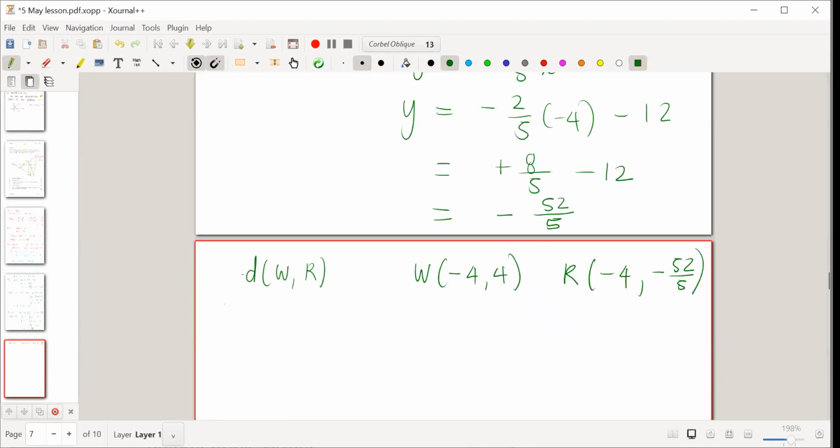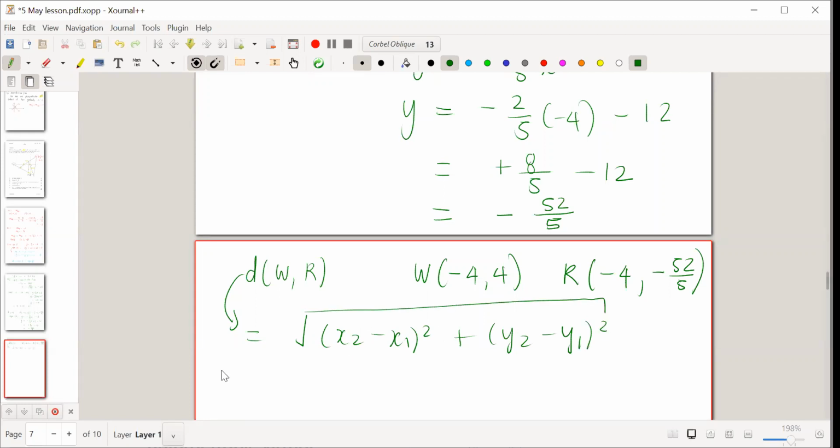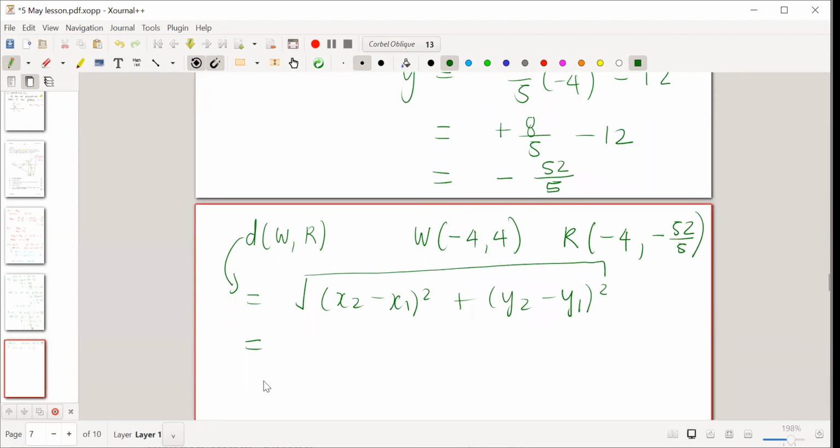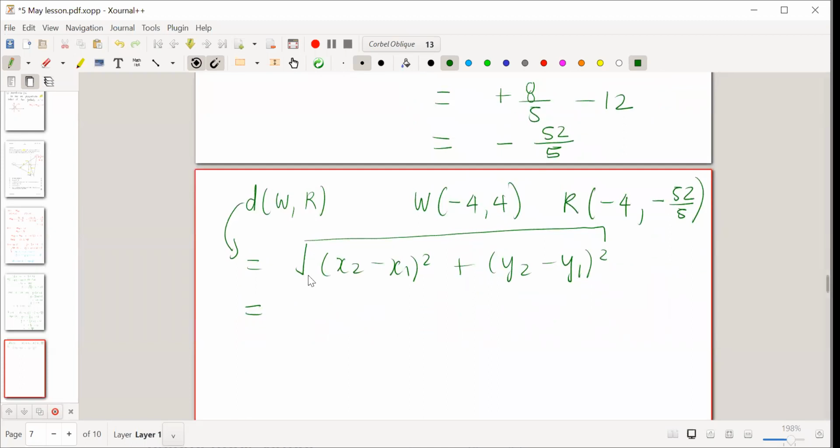Right, so we know that this is now equal to the square root of (x2 minus x1) squared plus (y2 minus y1) squared, and we take the root. So I'll write down what you're supposed to plug in. You can then put it into your calculator and give me the answer to 2 decimal places. Okay, so of course we're going to get 0 on this end.